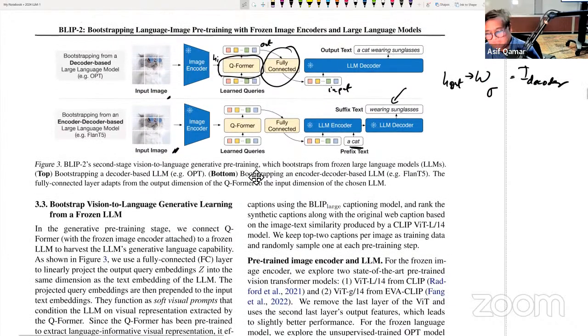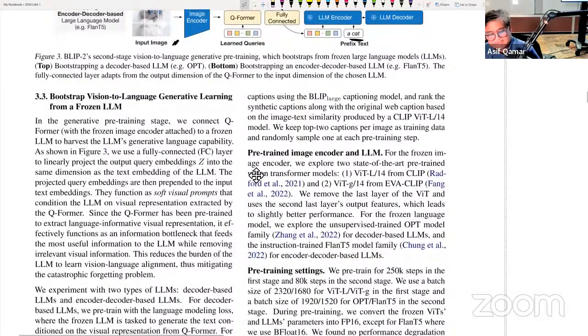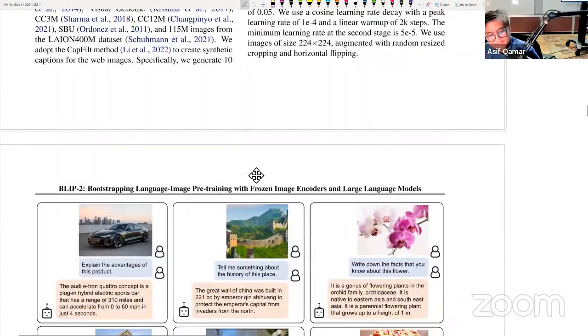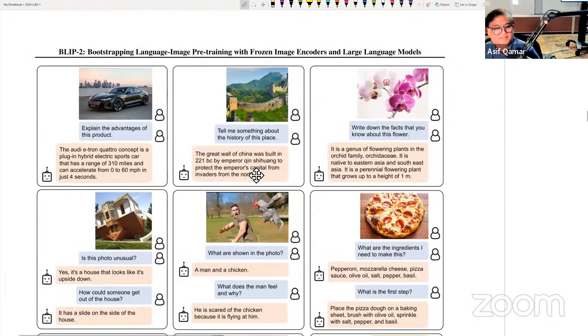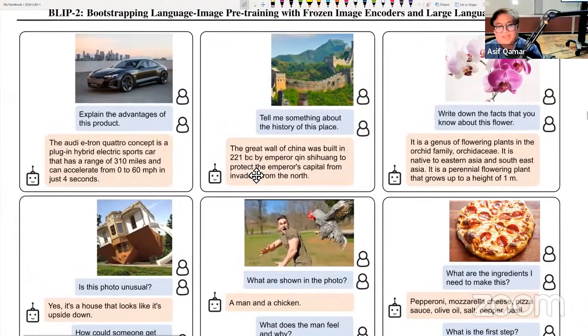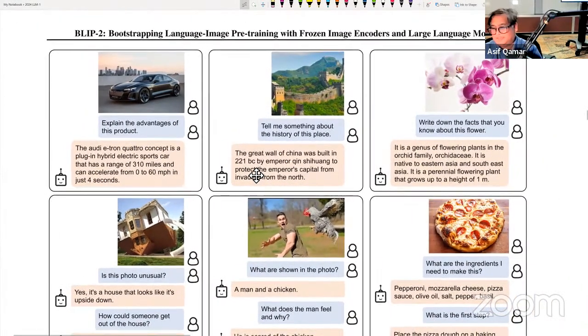So this is your BLIP-2. Its significance is that it's much smaller. And let's look at the results, because the results are beautiful. When I looked at it, I frankly couldn't answer half the questions. Explain the advantages of this product. What does it look like to you guys?